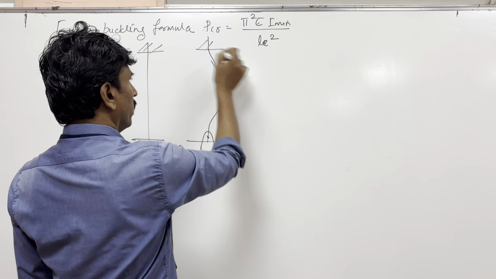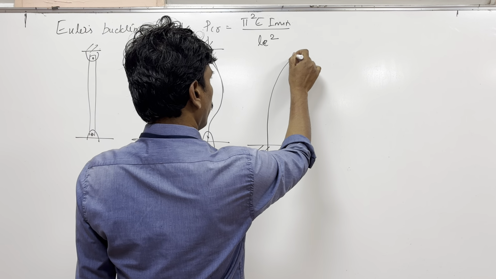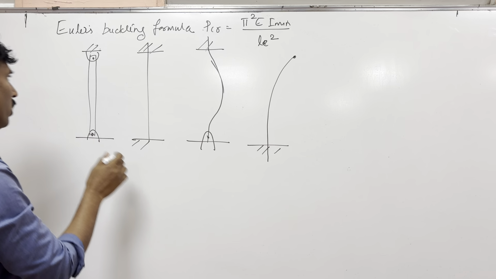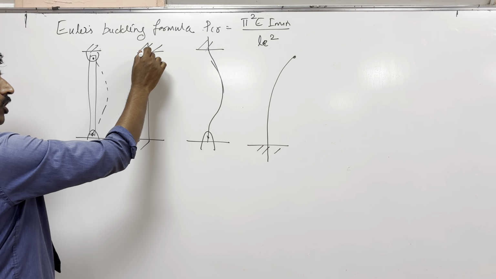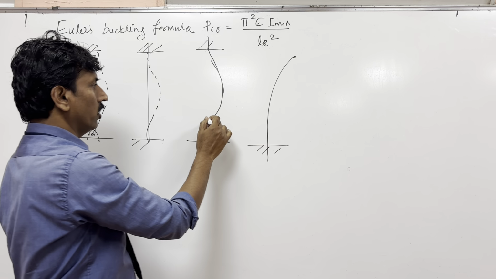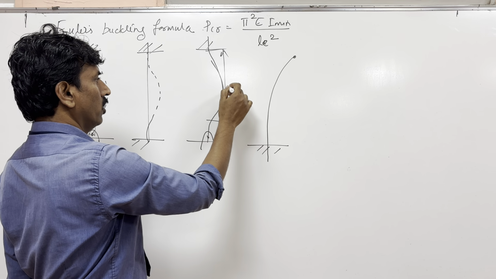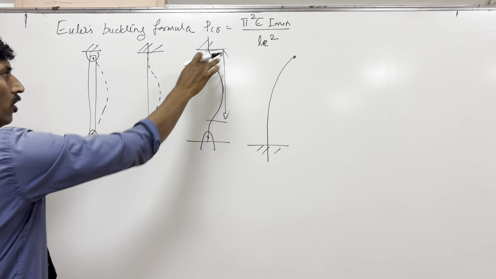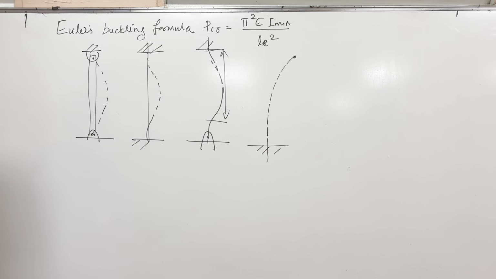And it could be one end fixed, the other end free, as shown like this. This would bend like this, and the point of inflection is slightly larger. So all of these would bend like this. These are the bending shapes.